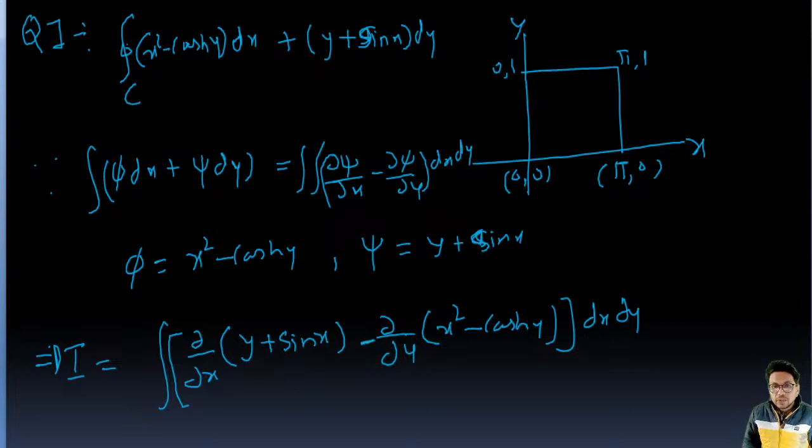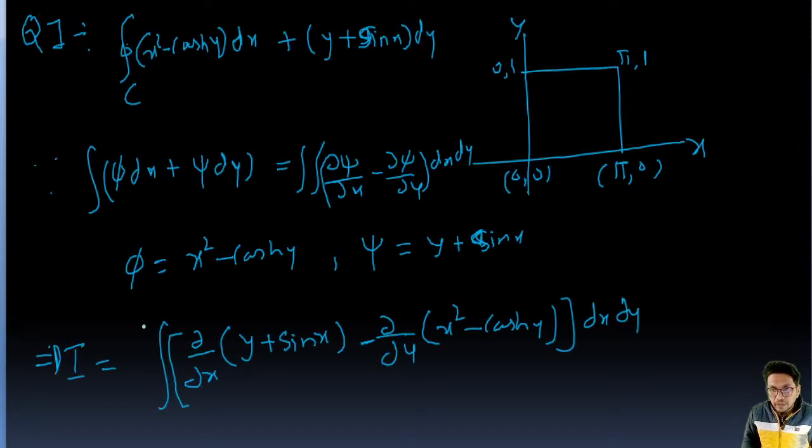Now the value is I equal to, and here we put the limits as well. This is the curve which is given, right? So it is going to be 0 to pi and 0 to 1.